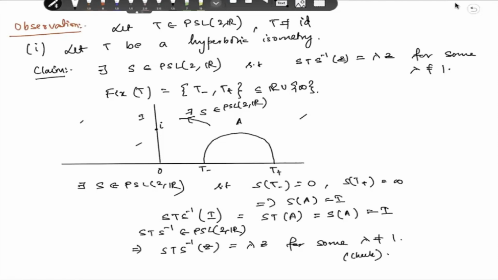And the next observation is, let us take T to be a parabolic isometry.